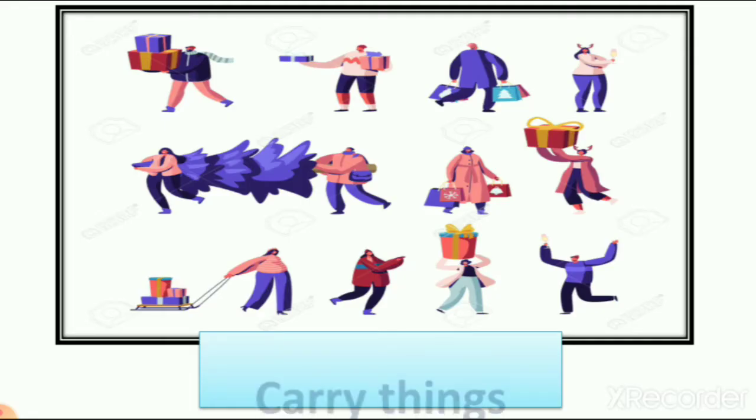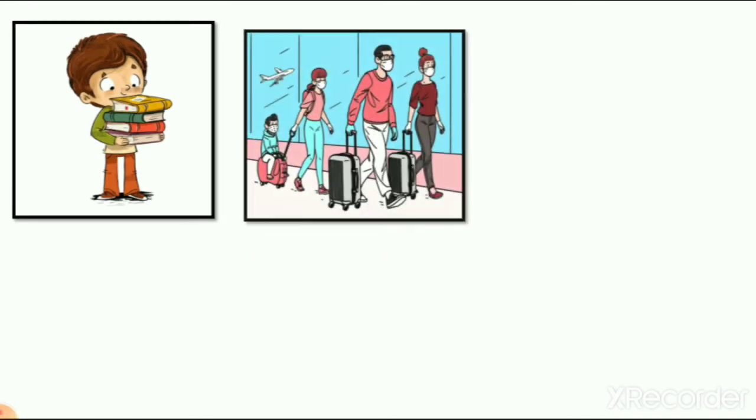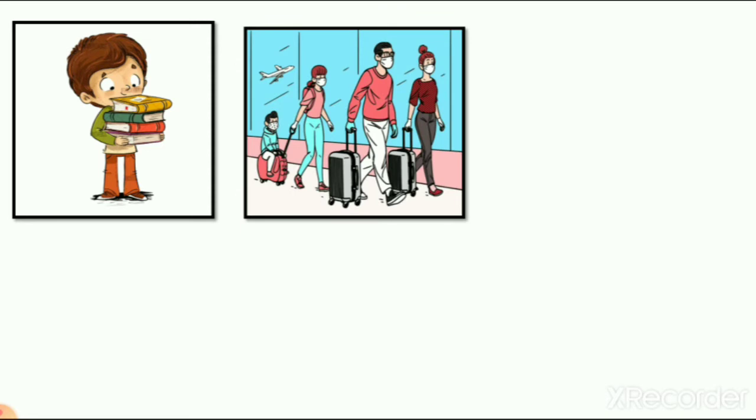Then we learned that we use our hand to carry things. We carry things like books and many other things, and we carry luggage with our hand. We put things from one place to another place with the help of our hand.